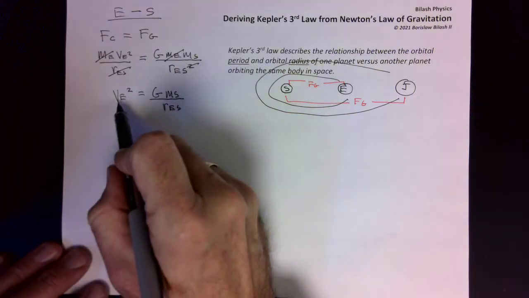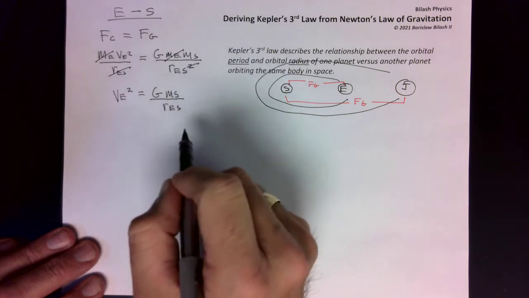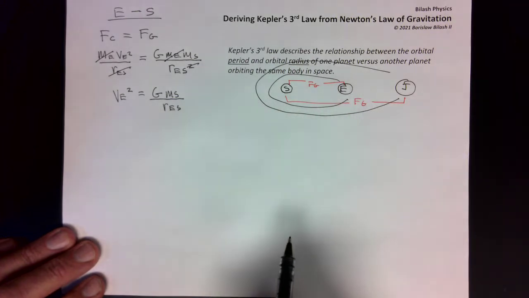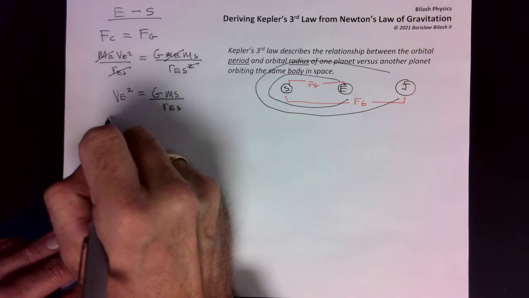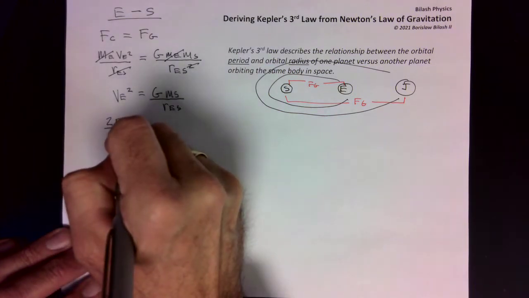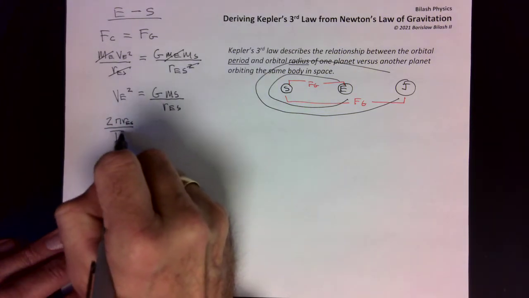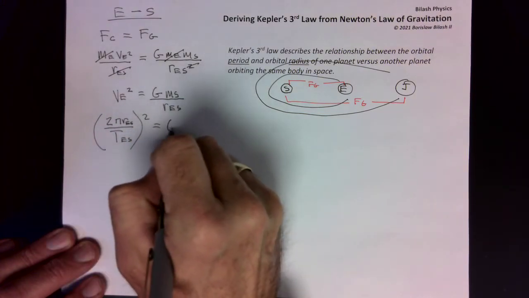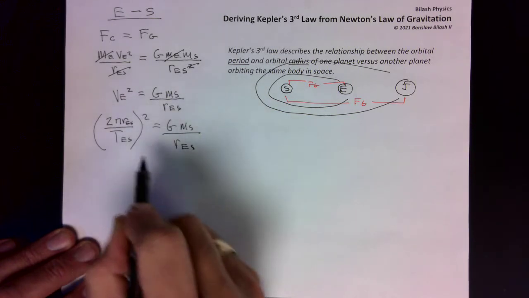Now we can replace the velocity with the circumference divided by the period, the actual path, the distance it takes to go around the Sun, divided by the period, the amount of time it takes to go around the Sun. So that would be 2 pi RES divided by TES, and we square all of that, and that's equal to G MS over RES.